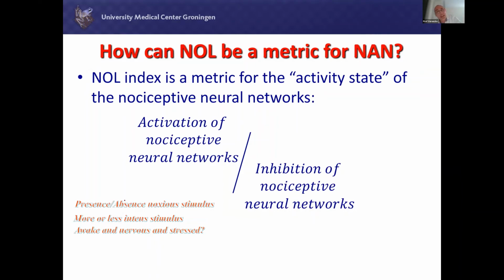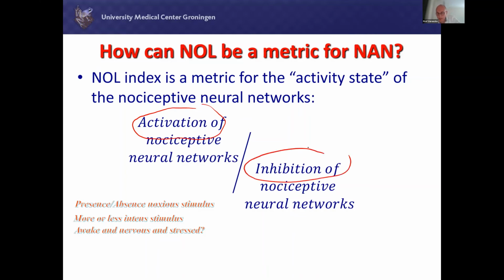And even if you extrapolate a bit outside of the original database, I have a tendency, but this is just a clinical impression, that in the awake patient, if you have a very stressed patient, you will see on average higher NOL values compared to calm and relaxed patients. So there are several factors that activate your nociceptive networks.